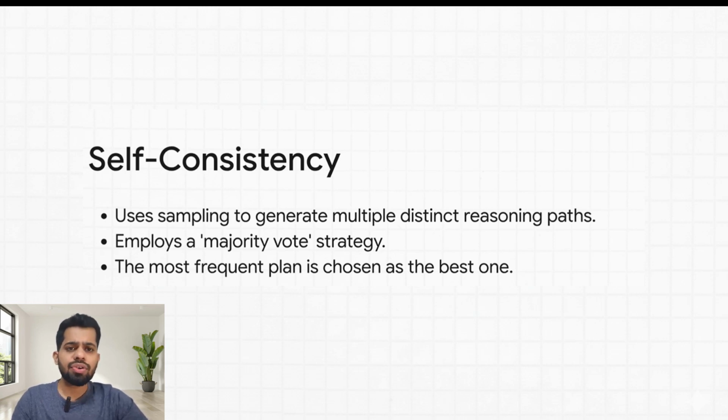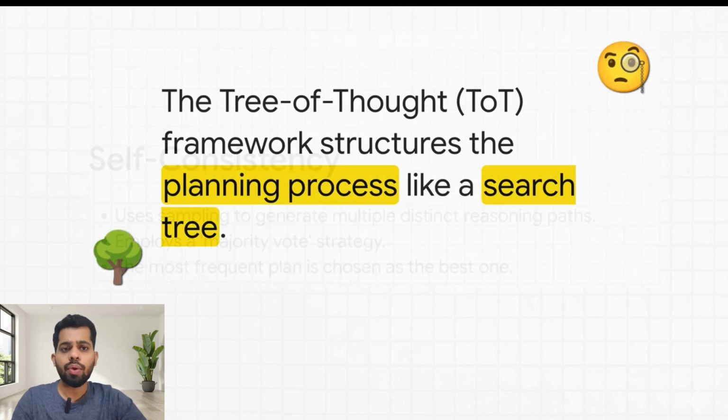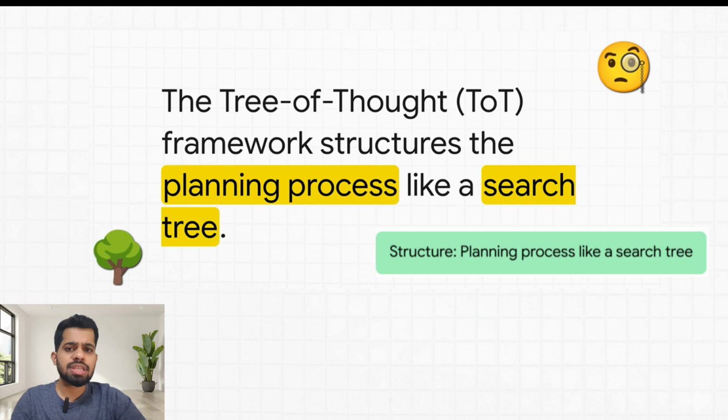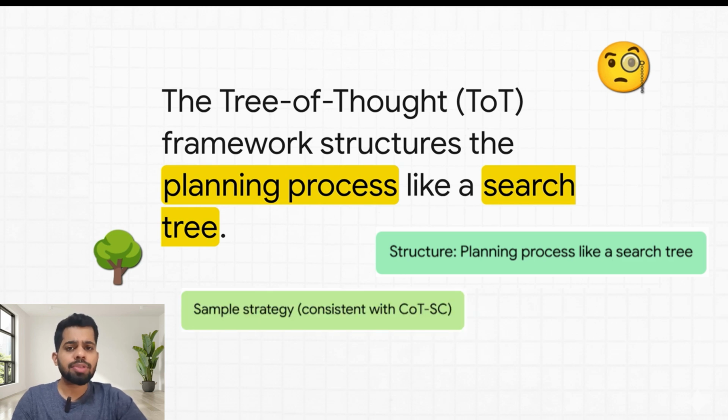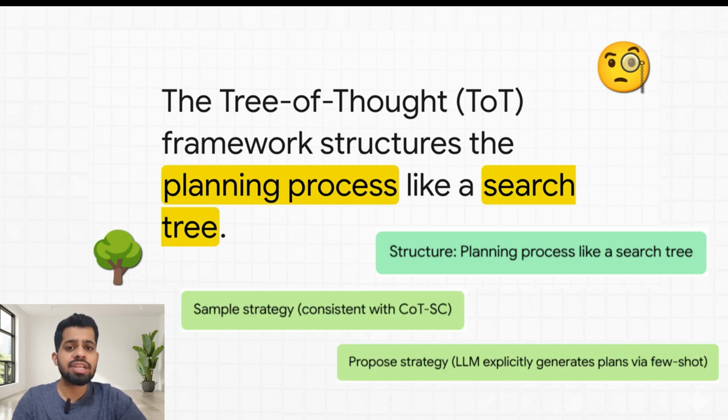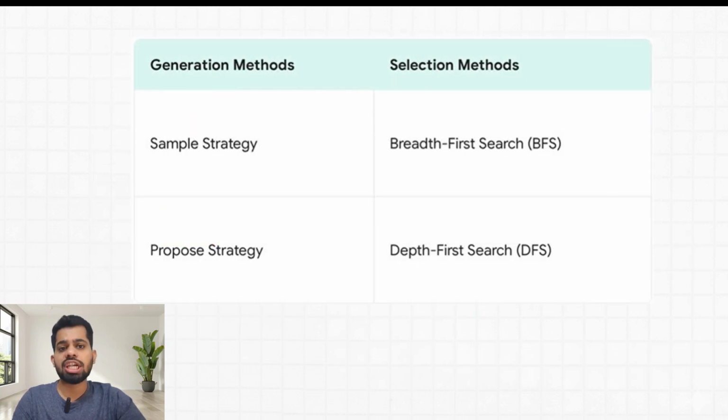But what if you need something a little more organized than just a simple vote? Well, that's where a more structured approach comes in, like the tree of thought framework. So instead of a simple list of ideas, the tree of thought framework organizes them into a tree of possibilities, like branches spreading out from the trunk. To find the best path, it can use two main search strategies.